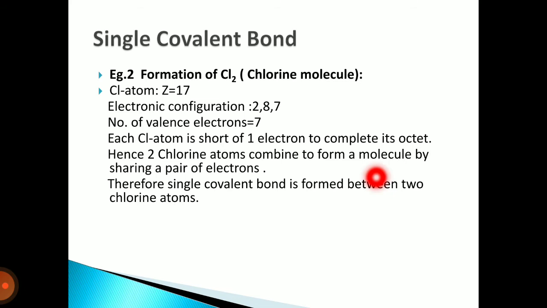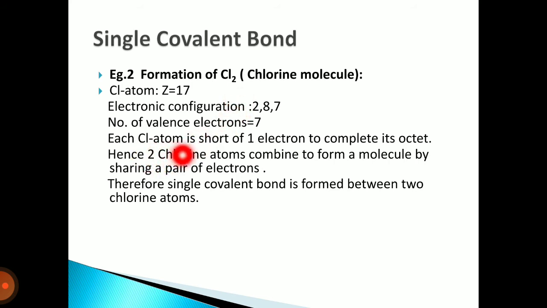The second example of a single covalent bond is the formation of the chlorine molecule. A chlorine atom has atomic number 17, its configuration is 2, 8, 7, and the number of valence electrons is 7 in each chlorine atom. There are 2 chlorine atoms in the Cl2 molecule, that is, it is diatomic.